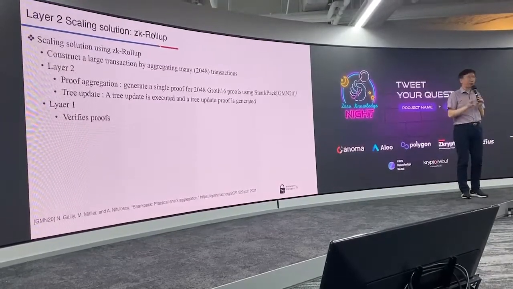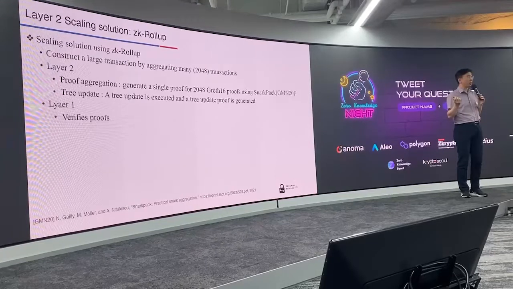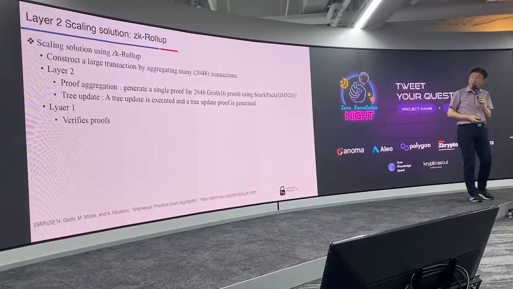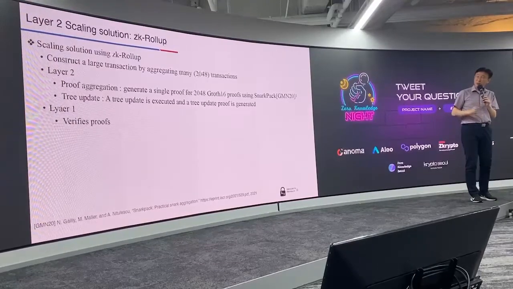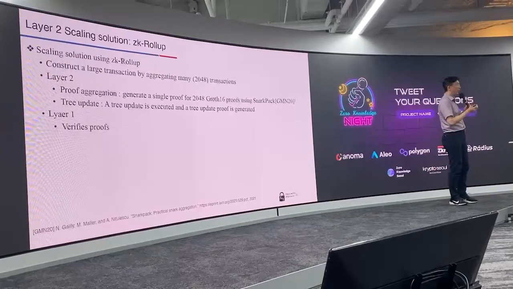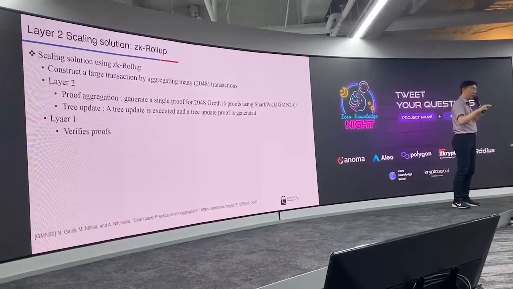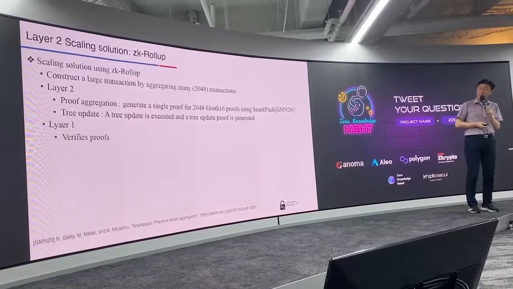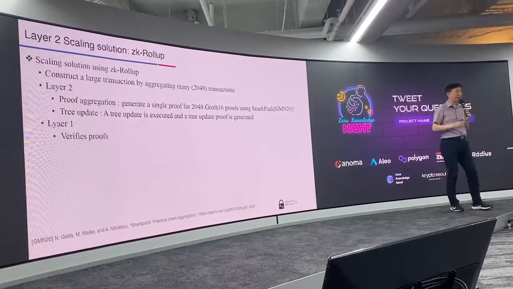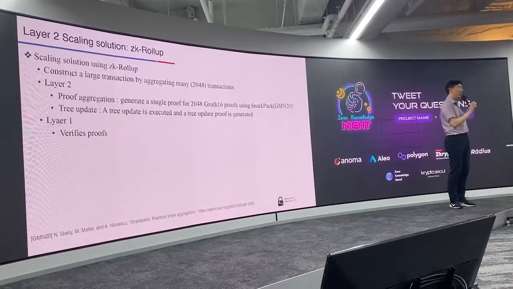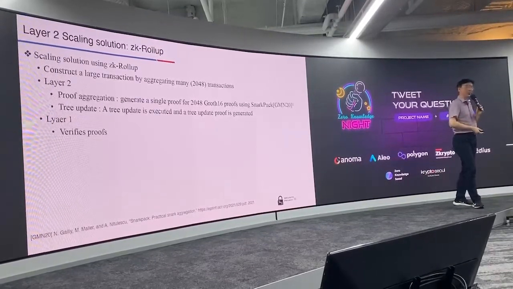To aggregate the proofs, we are using the SNARK approach, which was introduced in 2020. And for the tree update, the layer 2 Rollup server generates the proof that the tree is correctly generated. Then layer 1 is just verifying two proofs: one is the aggregated proof and the other is the Merkle tree update.